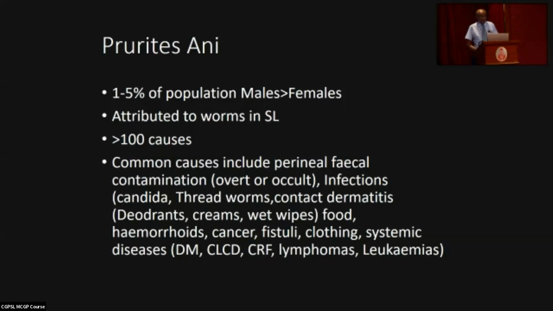Then clothing: some people are allergic to nylon and various undergarments. And then, of course, you have the systemic diseases like diabetes mellitus, chronic liver cell disease, chronic renal failure, lymphomas, causing pruritus.